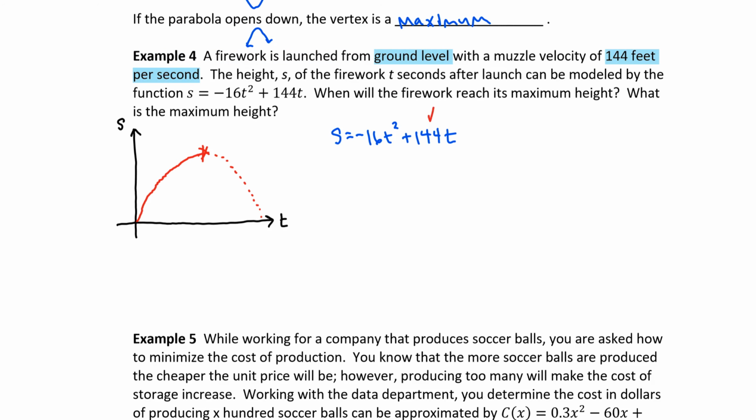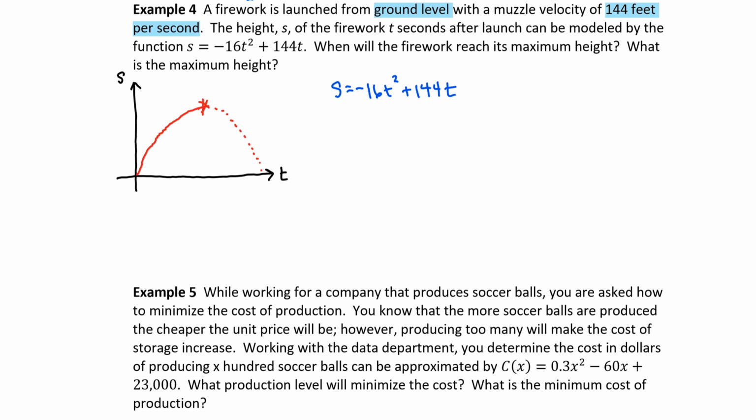Notice that 144 is right here. Again, the y-intercept is 0. And as I mentioned previously, this is the gravity term. So as long as I know that information, I can write a function which will tell me the location of that firework at any point in time after launch.